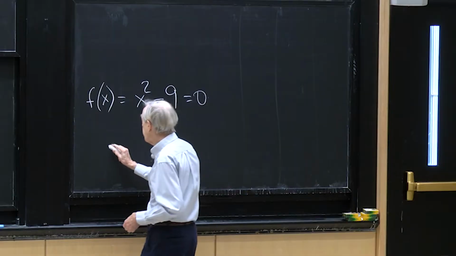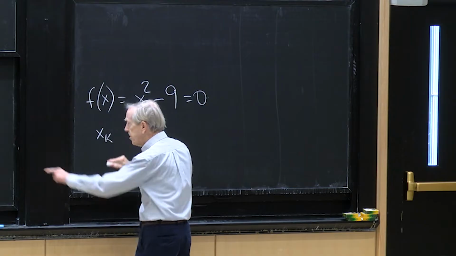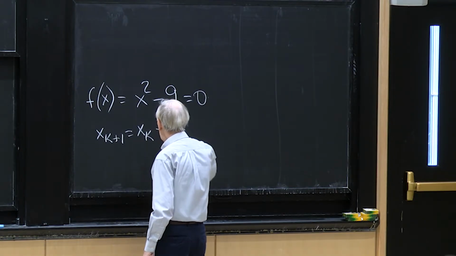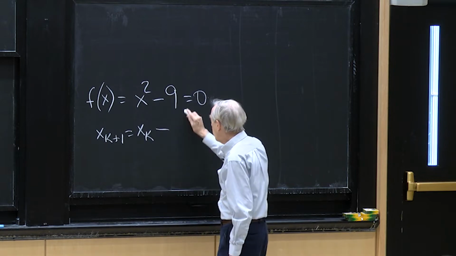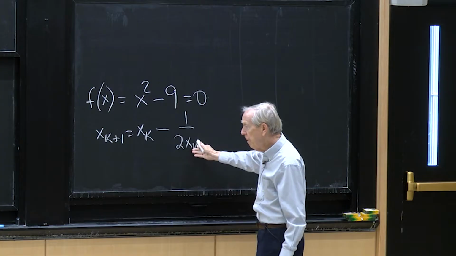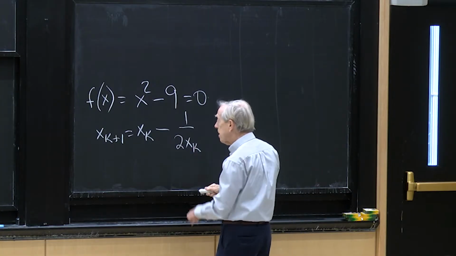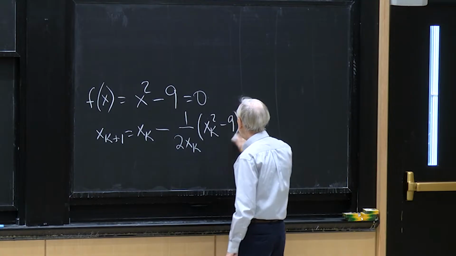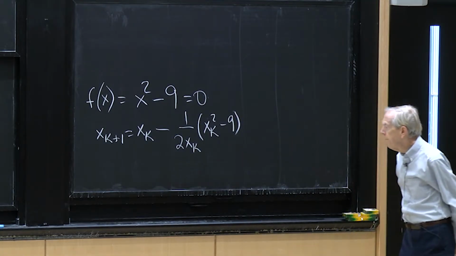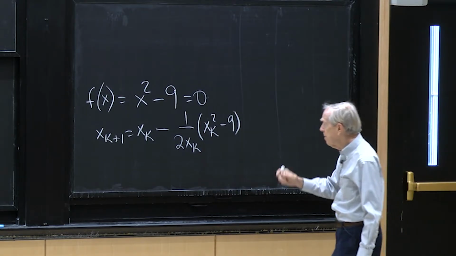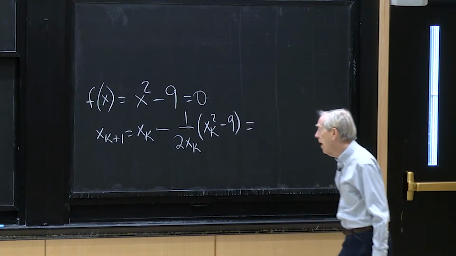So Newton's method says that xk plus 1 equals xk, I'm just going to copy that Newton's method, minus 1 over 2xk, that's the derivative, times f at xk, which is xk squared minus 9. Okay, we followed the formula. This determines xk plus 1, and let's simplify it.